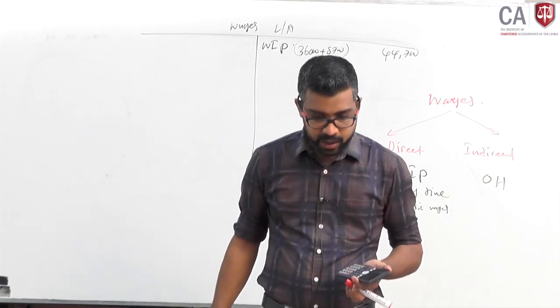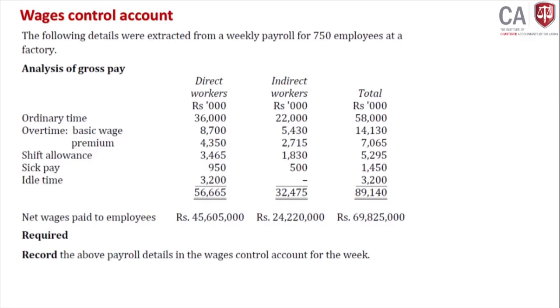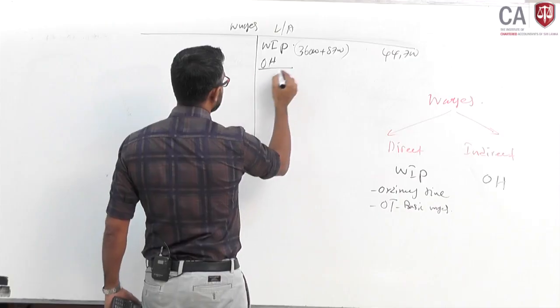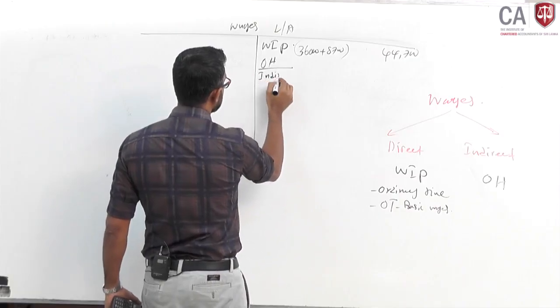Then you have indirect employee salary of 22,000 and 5,330. Where do they go? To overhead, as indirect wages.